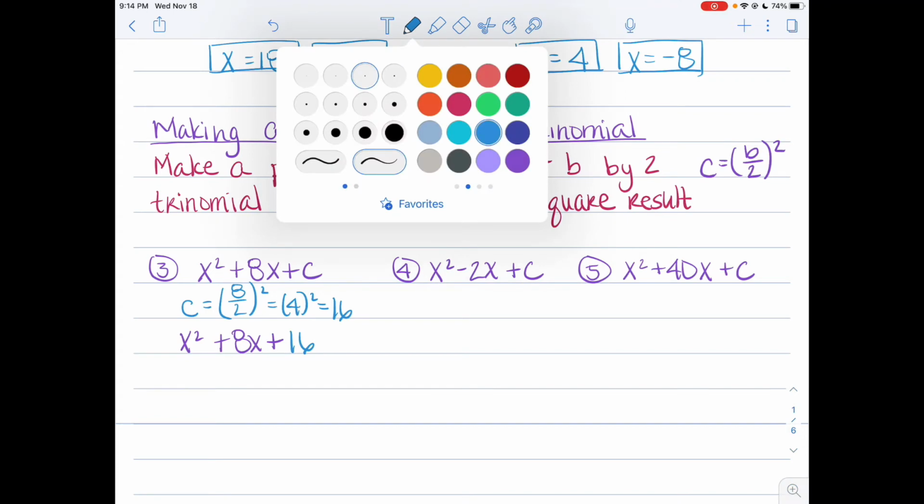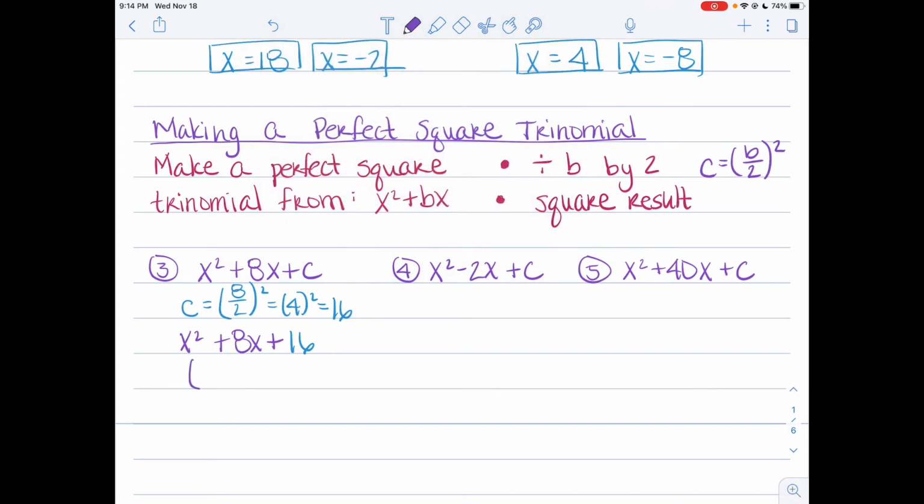My perfect square trinomial can then be factored into x in the front and then a plus 4 as my factor, because 4 times 4 is 16, 4 plus 4 is 8. I can rewrite this as (x plus 4) squared.